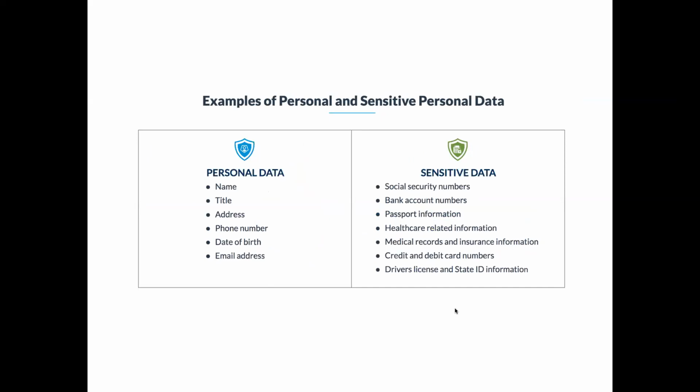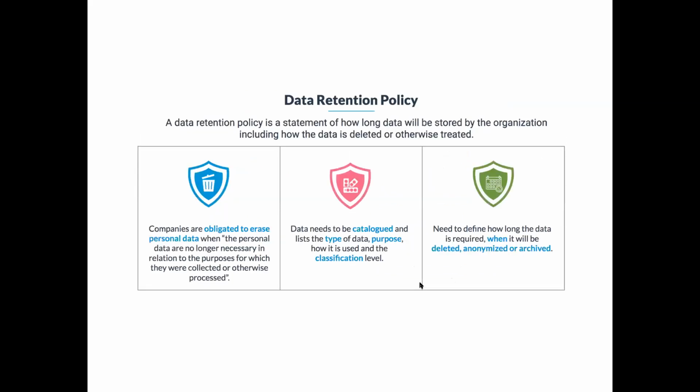The important thing is, what's my personal data which is still okay to be shown a little bit, what the sensitive data looks like, and health related data and other data. We'll look at some patterns to really identify issues, how to do this. And of course, you also need a data retention policy, how long you're keeping that data, classifying the data, things like that.